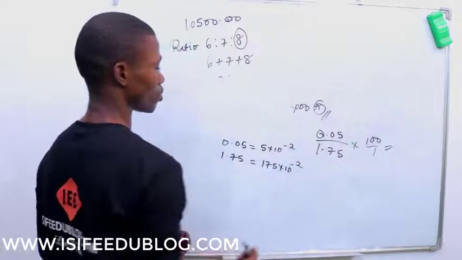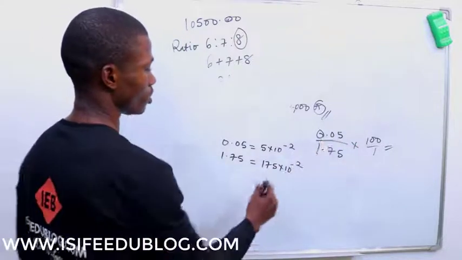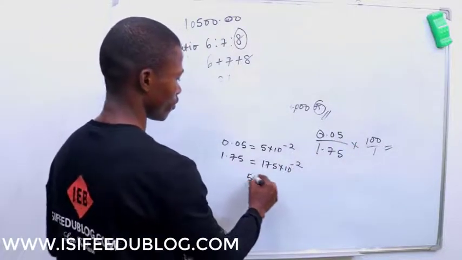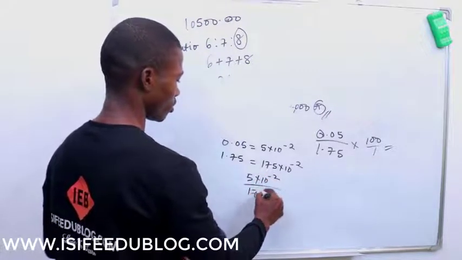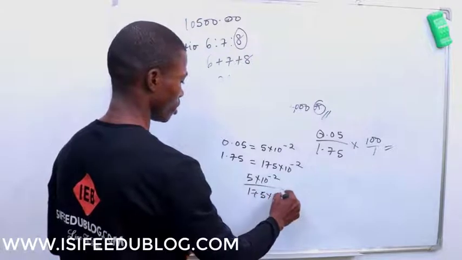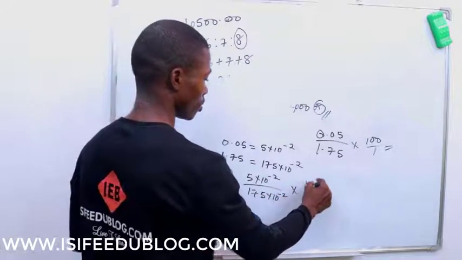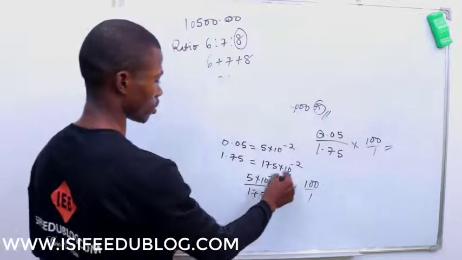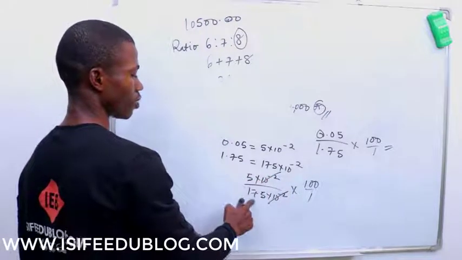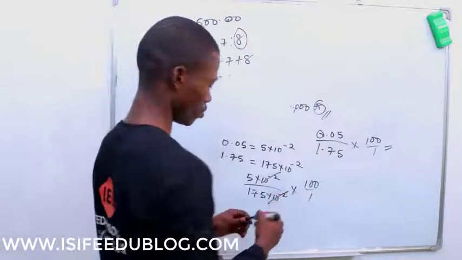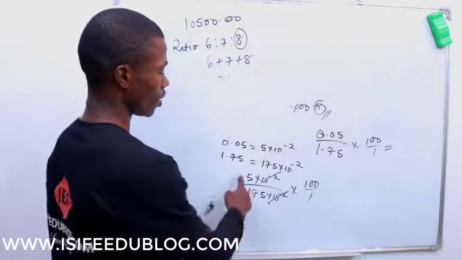Then you substitute: 5 times 10 minus 2 over 175 times 10 minus 2 times 100 over 1. This cancels this, so it is left with 5, 175 and 100.